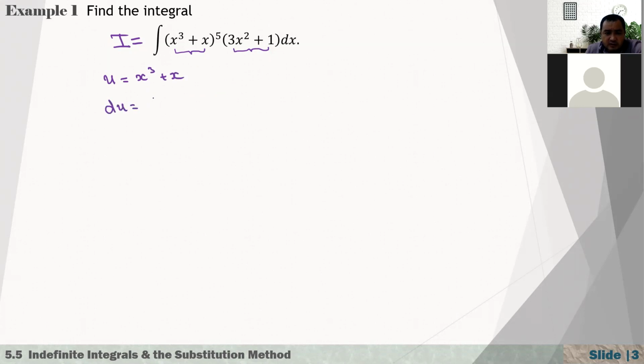That is du, the differential of this function, which is equal to 3x squared plus 1 times dx. So instead of this 3x squared plus 1 dx, I can just write du. Now our integral becomes x cubed plus x, that is u, to the power of 5, and instead of 3x squared plus 1 dx, I can just write du.